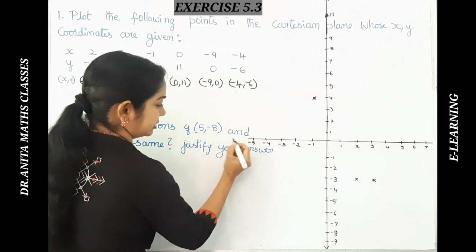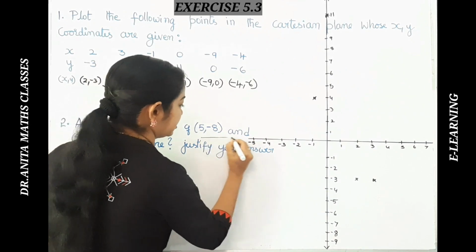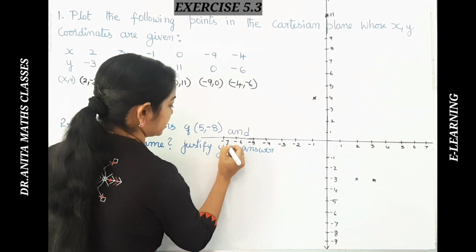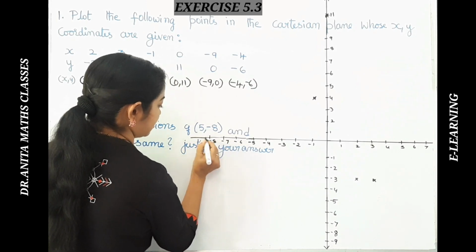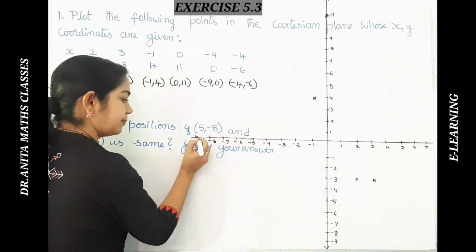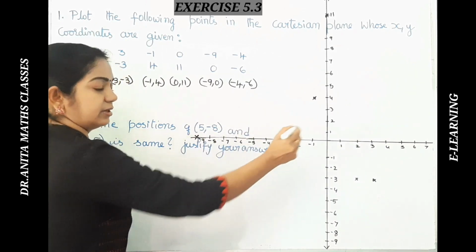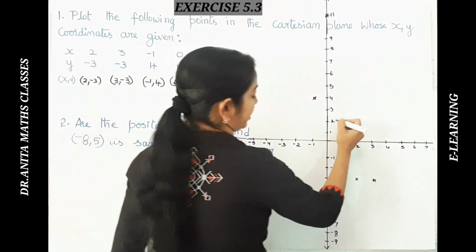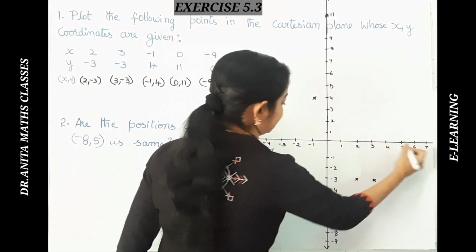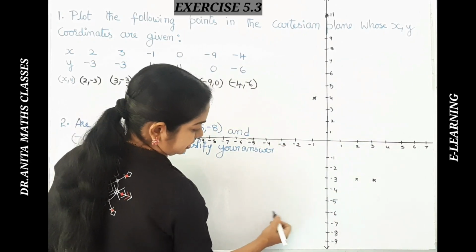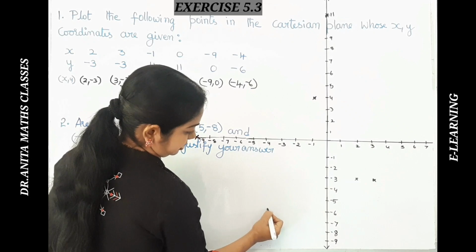So here it is -5, we will extend it: -6, -7, -8, -9. So (-9, 0) is on the x-axis. Then (-4, -6). See the abscissa, -4 here, and -6. So that comes to this point.